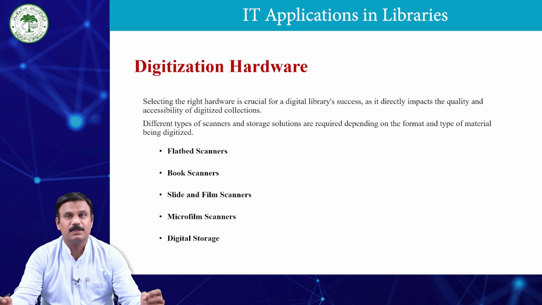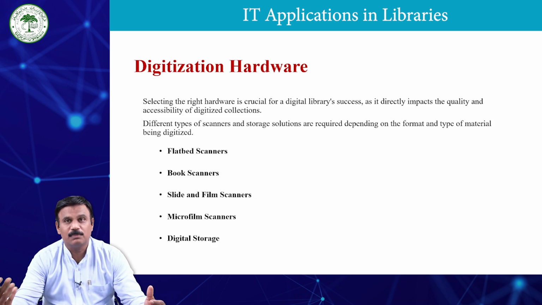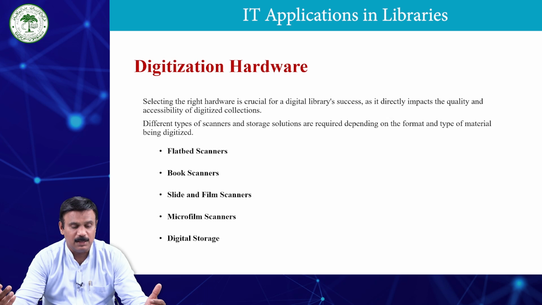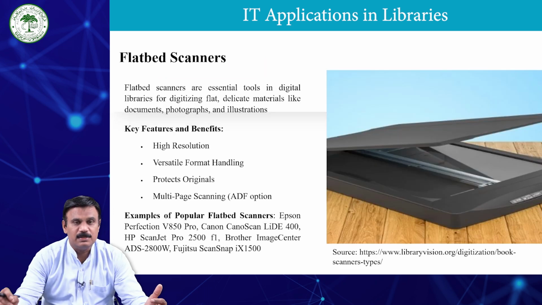Among the scanners, you will find flatbed scanners, book scanners, slide and film scanners, microfilm scanners, etc. We also use other hardware like digital storage. Let us see the different scanners.